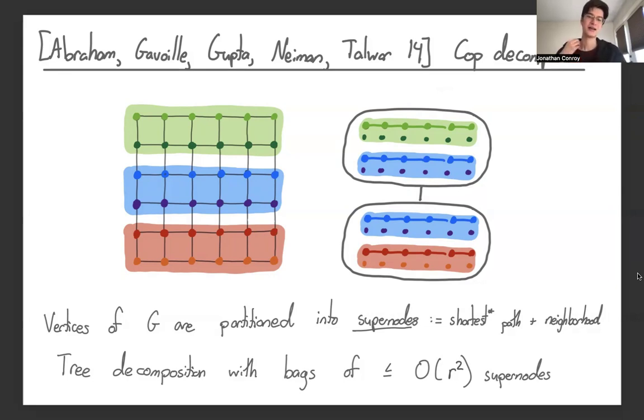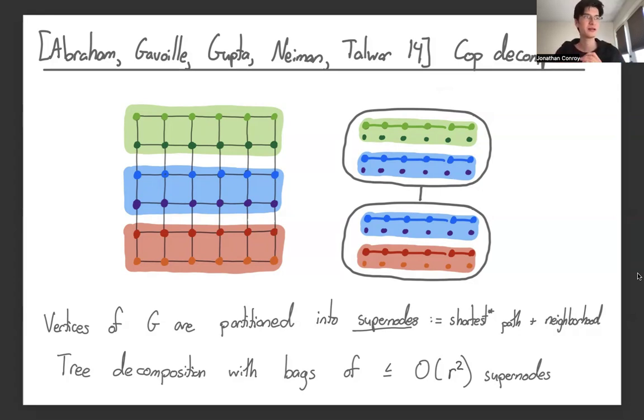And Abraham et al. showed that in minor free graphs, you can construct a tree decomposition where every bag is the union of poly-R supernodes. So why did they do this? They showed that if you grow the neighborhood around the shortest paths randomly, according to some truncated exponential distribution, then you can get some property that the supernodes are all well separated in some sense.